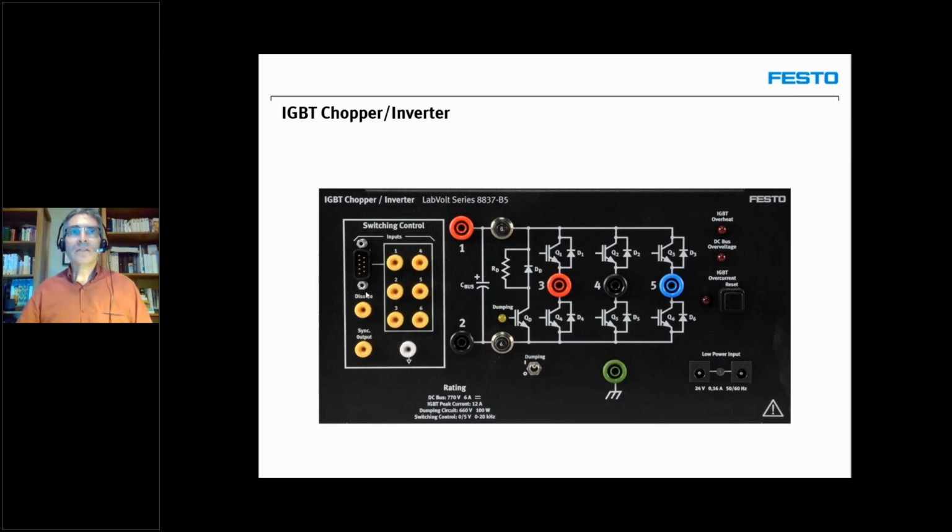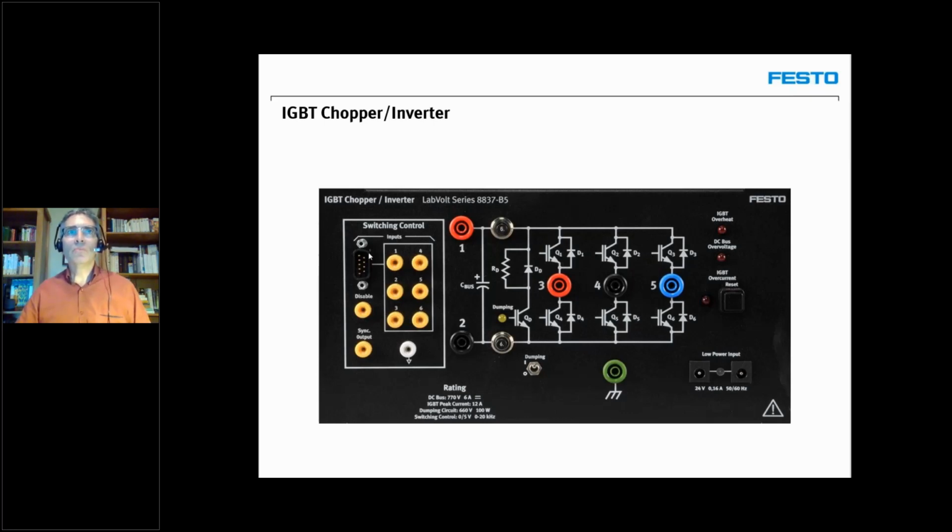On top of that, you can see that we provide 6 discrete inputs to send triggering switching signals to these transistors separately. So transistor 1 input signal and all that, so that you can provide your own triggering signal. We will come back to that, but you could develop your own algorithm and input the switching signals to the transistors from these inputs here to control yourself the behavior of this IGBT module.